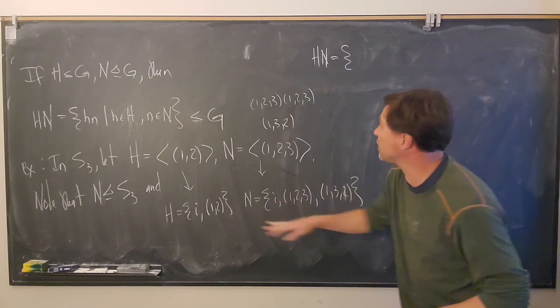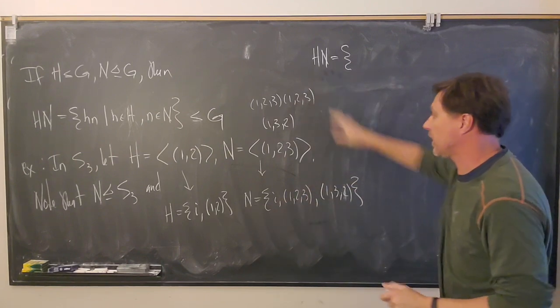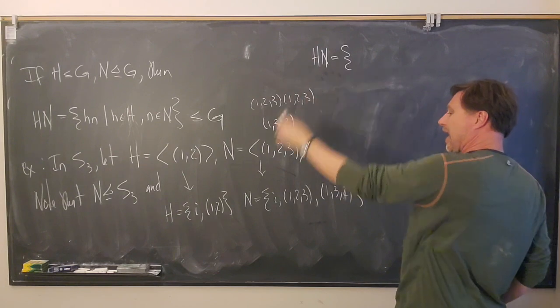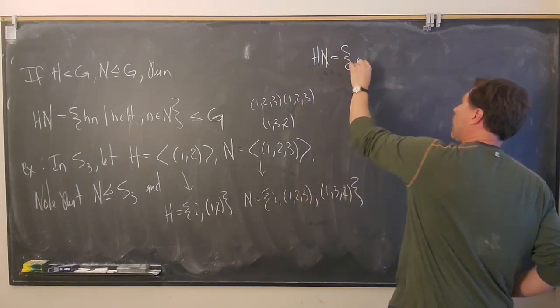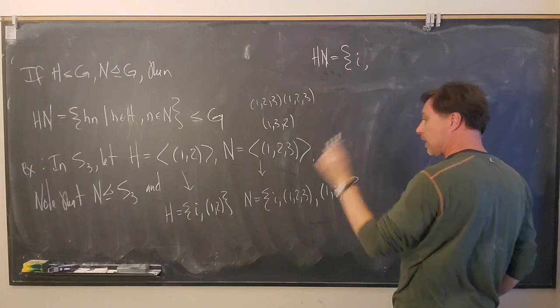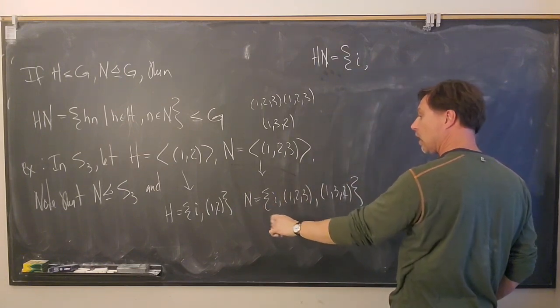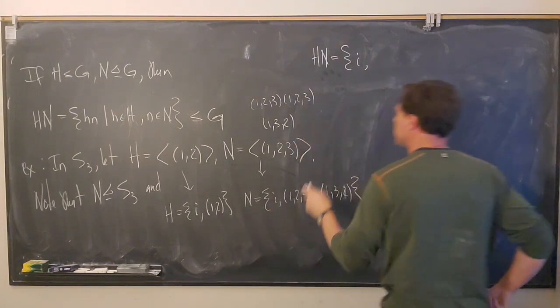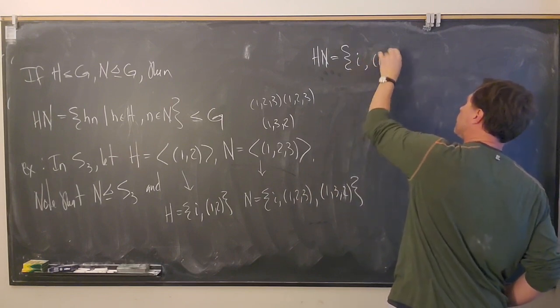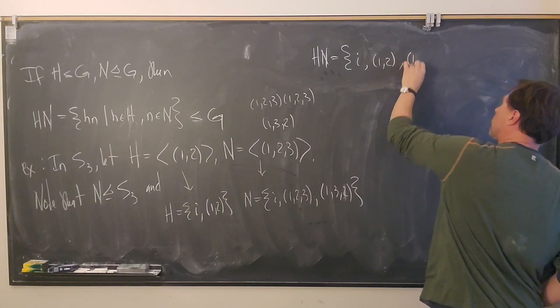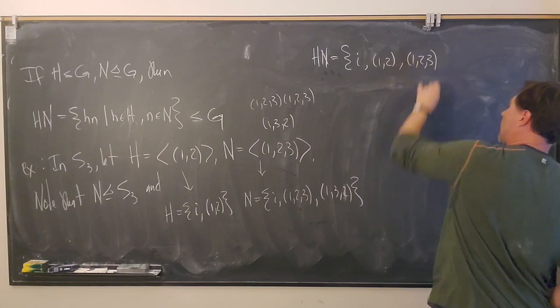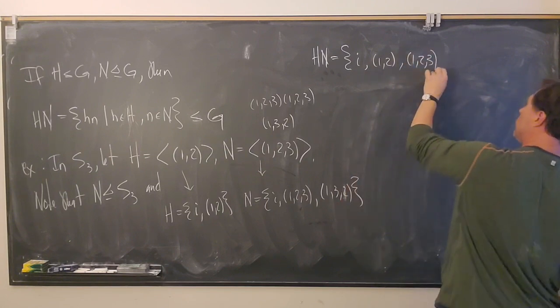Okay, so here's H and N, and if we look at H times N, what do we get? Well, I'm going to have I times I. I'm going to have (1 2) times I, which will be (1 2). Then I'm going to have I times (1 2 3), which is (1 2 3). I'll have I times (1 3 2).